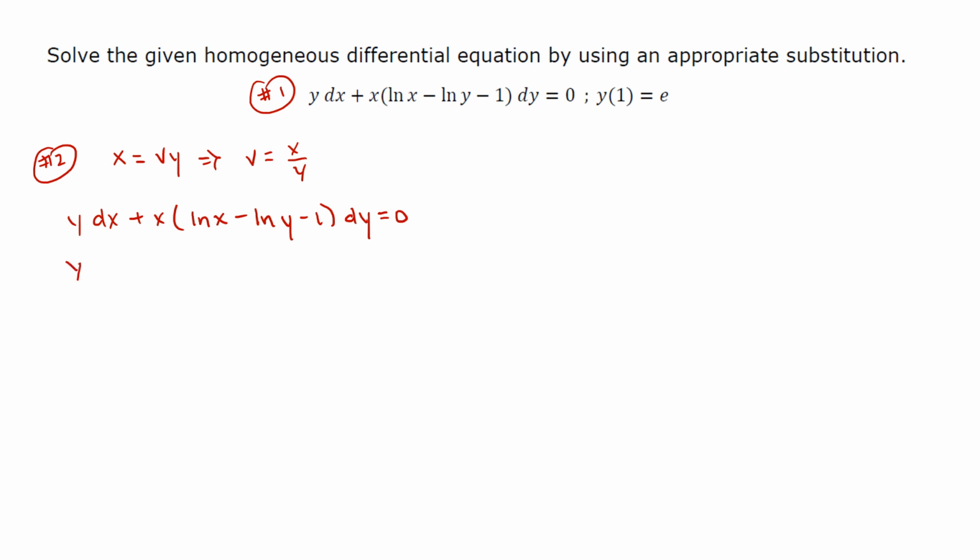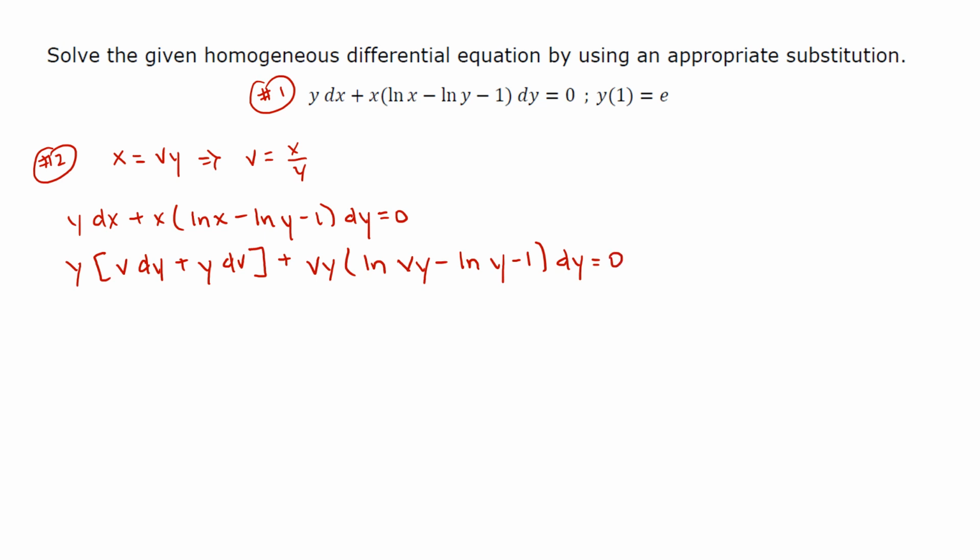So we have y, and then dx will equal the derivative of x will equal v dy plus y dv plus x equals vy times the natural log of vy minus the natural log of v minus 1 dy equals 0.